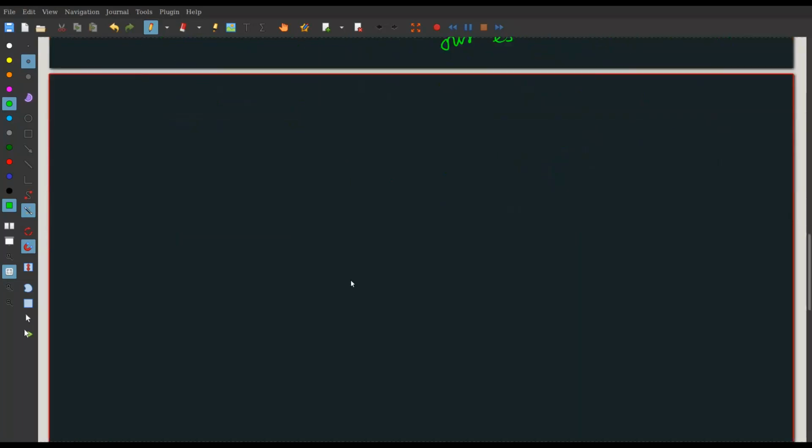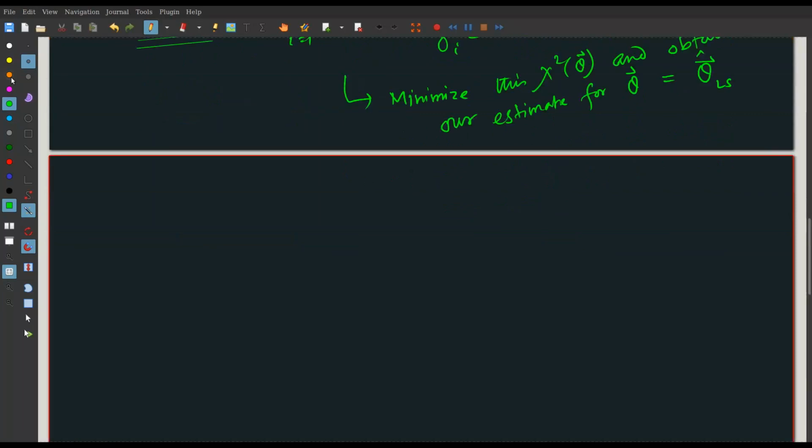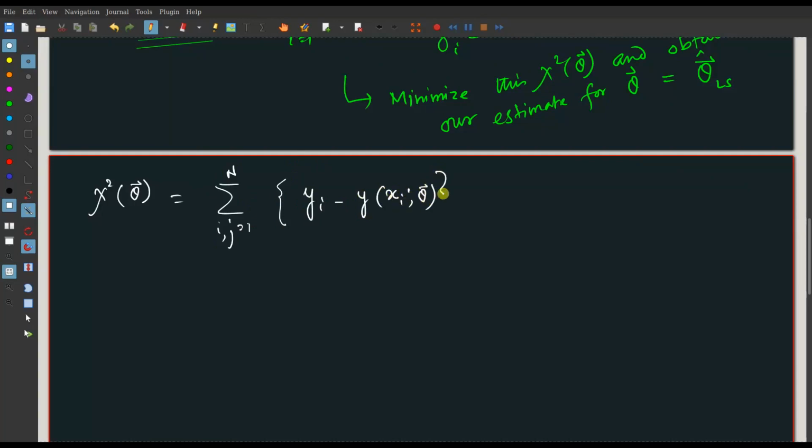Now, if they are correlated, then we can define the chi-square in a similar fashion. So this is the chi-square of theta in the case of correlated measurements, the sum over i, j equals 1 to n of yi minus y of xi given theta, then the correlation matrix inverse ij, and then the jth component.